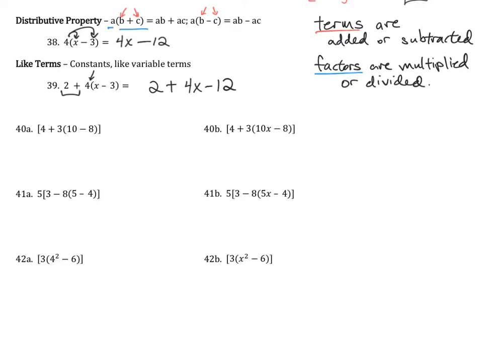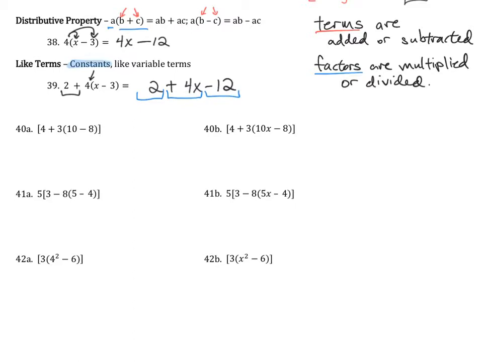So now we have terms that can be combined, and the terms that can be combined are what we call constants. So that's this one here, constants. And constant terms have no variables. So what are the terms here? The terms are positive 2, positive 4x, and a negative 12.